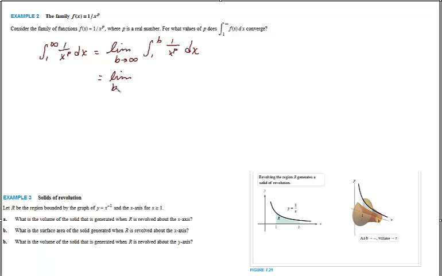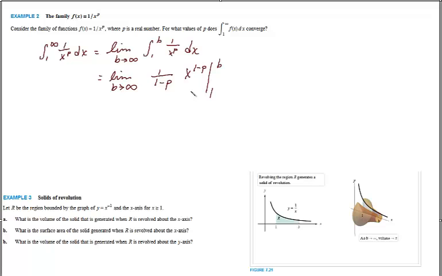Limit as b goes to infinity, and this is going to be 1 over 1 minus p is what that would end up being, times x to the 1 minus p. And we would need to evaluate this from 1 to b.